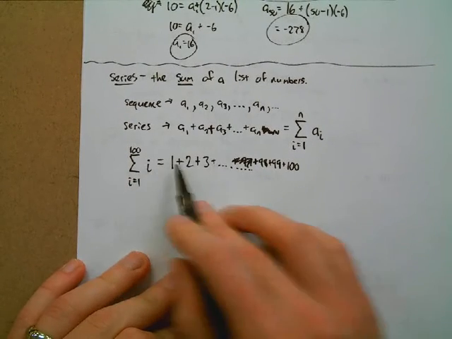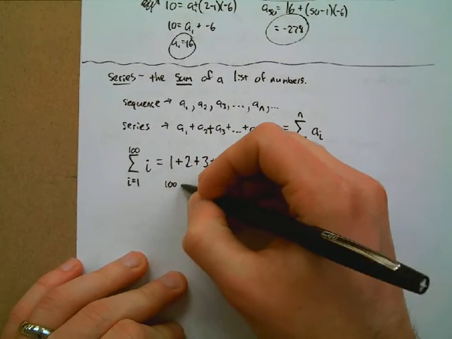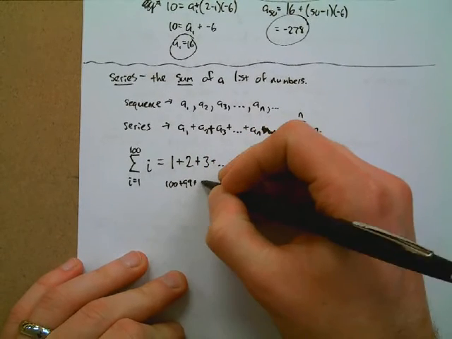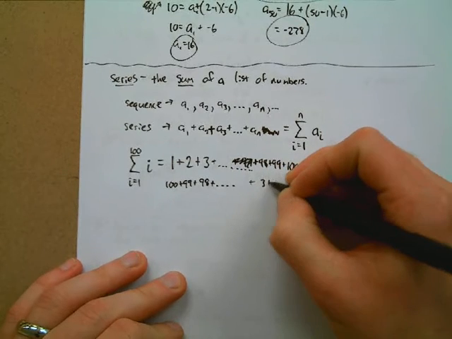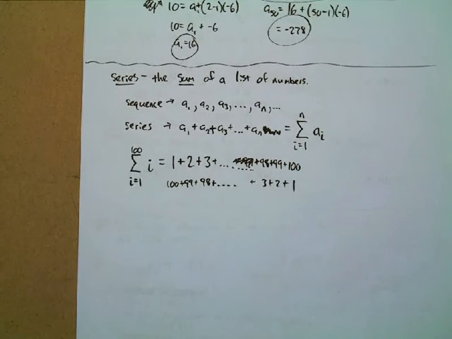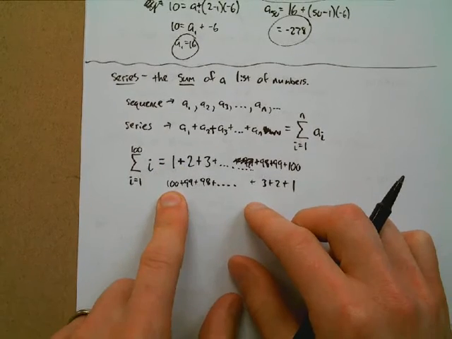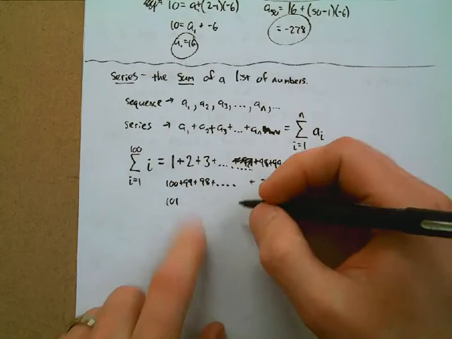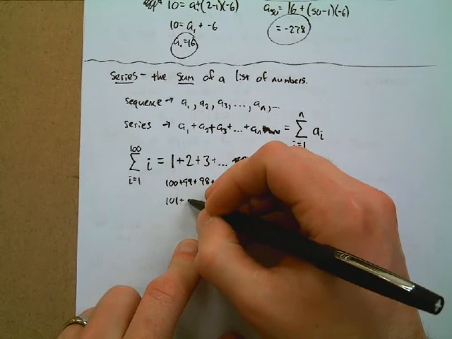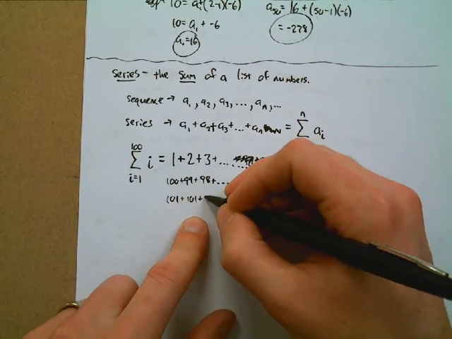So essentially we're adding the sequence together twice. We have it once in the normal direction, we have it once in the backwards direction, but as a result of doing that, we're able to get the same number. How many 101s are we going to have? 100 of them. So it's going to be 100 times that 101, but we have to divide by 2 because we added up twice as much, right?